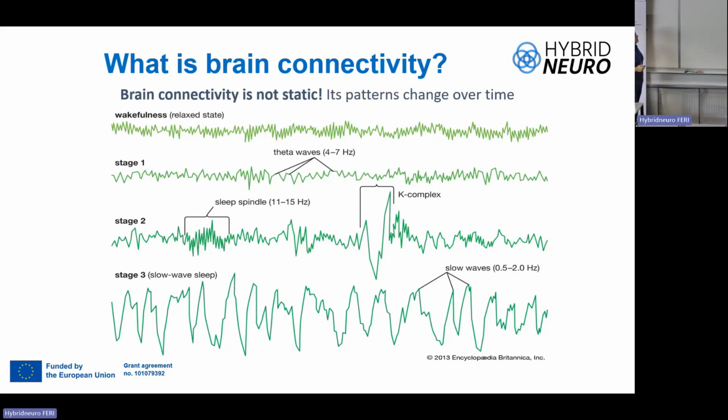So these events permit the neurophysiologist to consider this epoch to be stage 2. And then if you continue sleeping, if you are lucky, you don't have to go to work, you will not get up again. So we have slow wave sleep with very delta activity, from 0.5 to 2 hertz. So even during the sleep, the brain is dynamic.